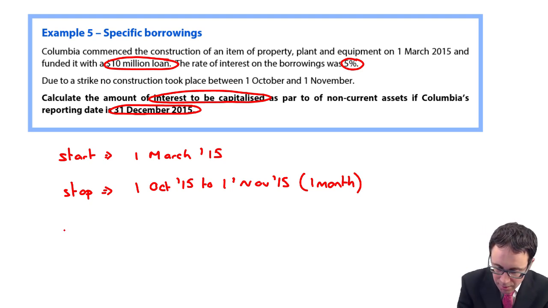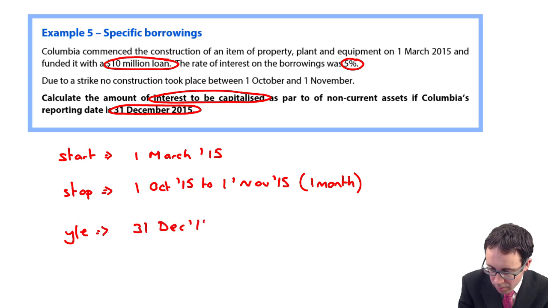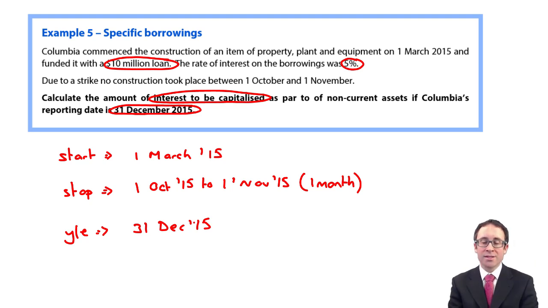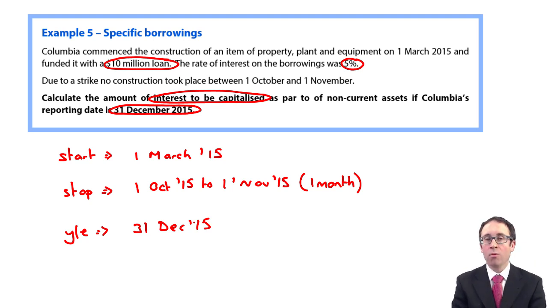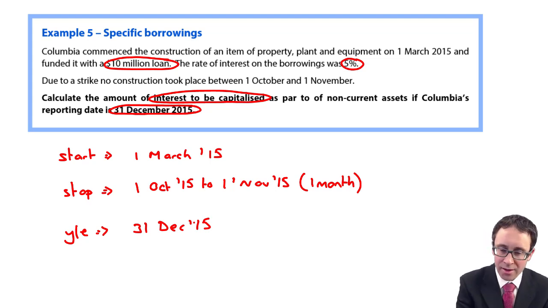Okay. Our year end is the 31st of December 2015. So what we've got to be careful of there is that we don't go through and capitalize from March through to December. So is that, I think, 9 months?